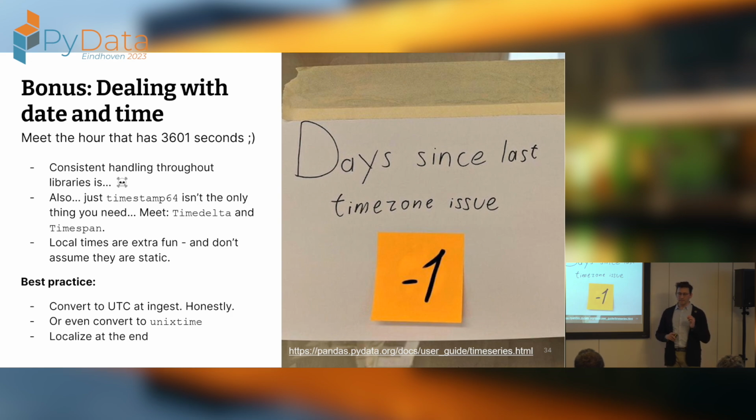The second part is, if you want to be even more sure that it works, just convert to Unix time. That's a pretty good choice if you're not working with data before 1970. And the last part is localization to your local time. Do it at the end. I could say, in a provocative way, hey, let's make it someone else's problem, meaning a front-end problem. But in some cases, it's the same problem all over again.